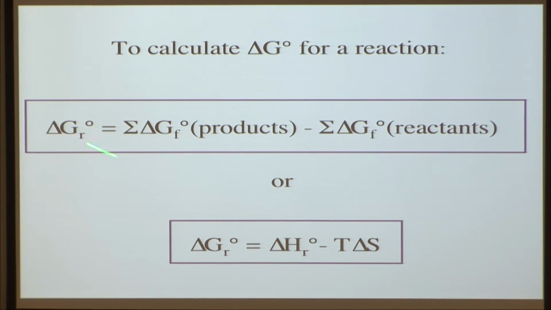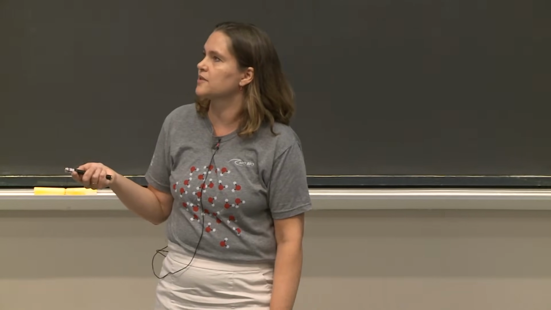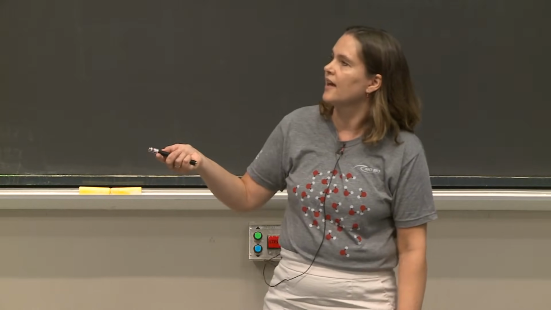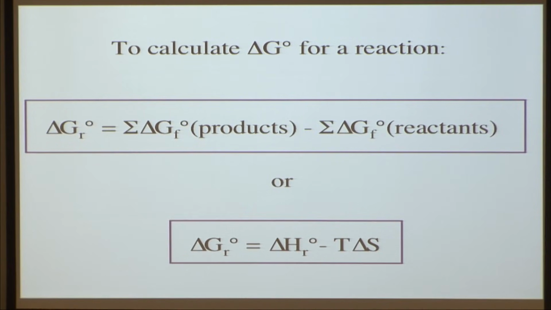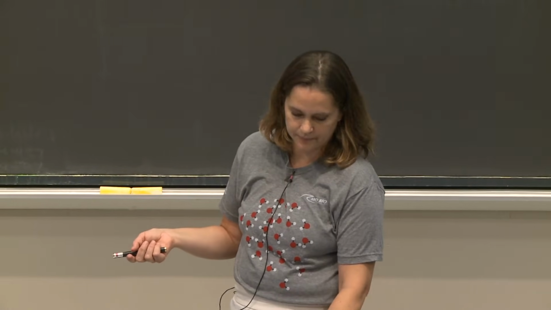You can sum up the delta G of formation of your products minus your reactants, or you might use this. You'll find yourself using this equation a lot. This, again, was really a crowning achievement of thermodynamics, that delta G equals delta H minus T delta S. So again, whatever information you're given, you can use that to find these values.